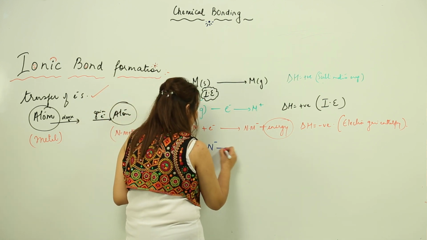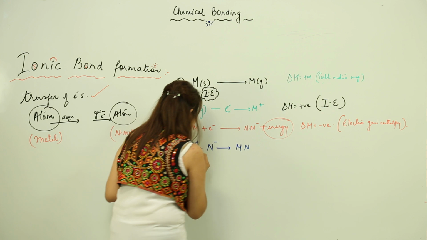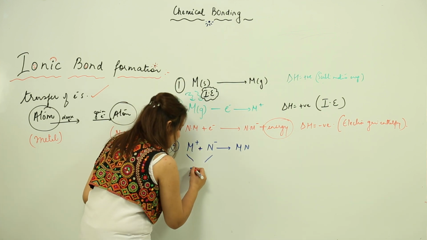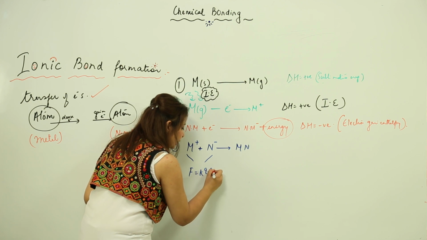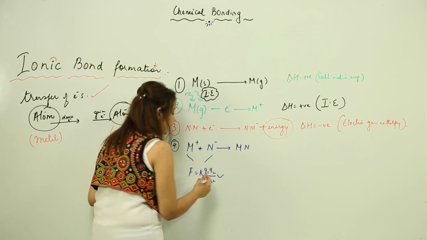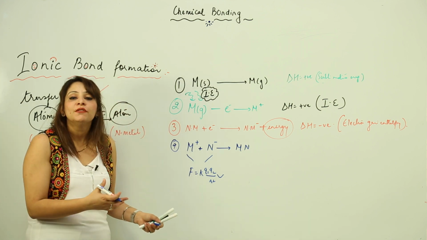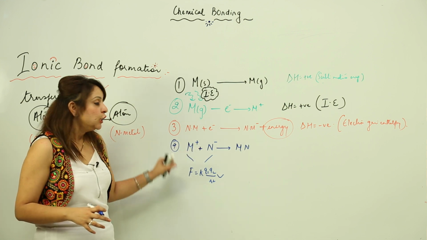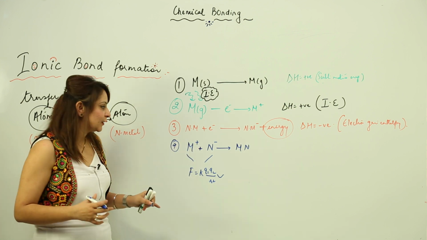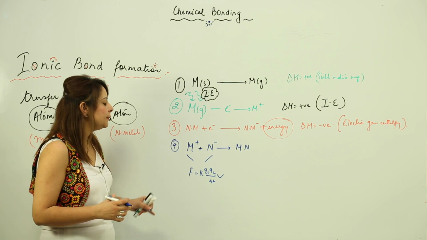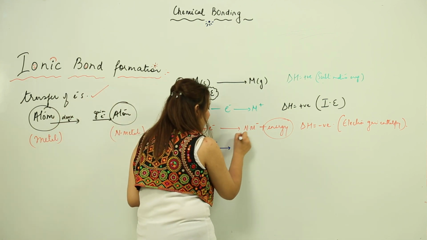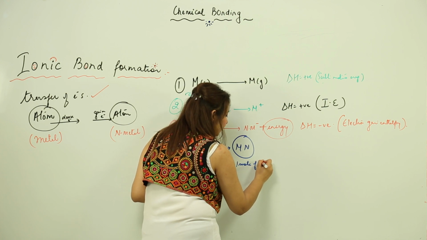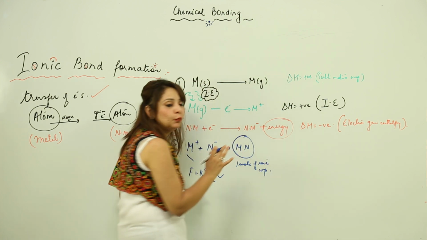When they combine, they will form a lattice, because they are oppositely charged, so they will experience a Coulombic force of attraction, which can be given by Coulomb's law, as you know from physics. It states how oppositely charged ions get attracted towards each other. Due to this attractive force operating between them, they combine to form 1 mole of ionic compound.